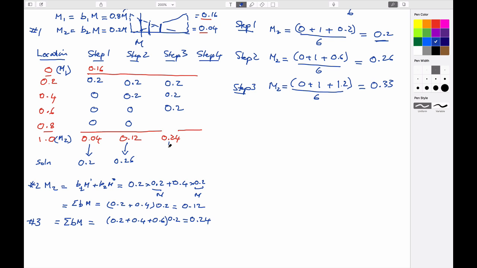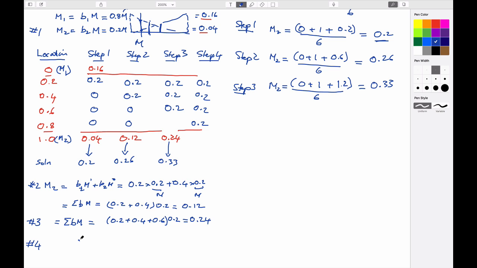And I guess that's what this is. And then we repeat, add another component. Now this is 0.2, 0.2, 0.2, 0.2. And those are now going to be at step 4.